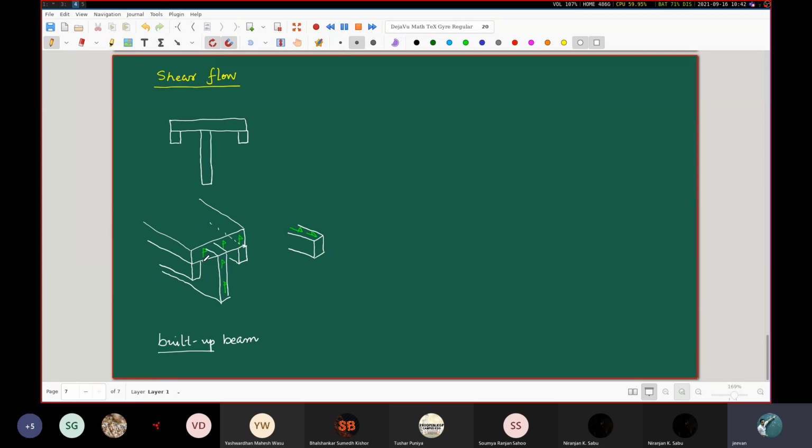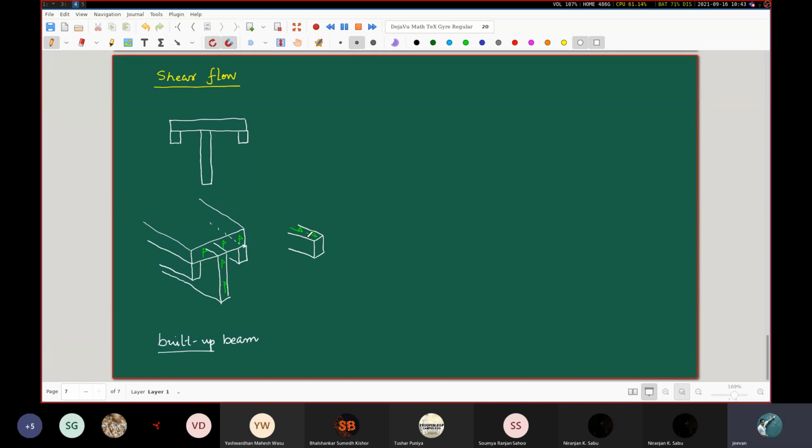What I mean by potential failure, in the simplest of terms, is that if the tau yx value increases too much, then the adhesive that is present there can come completely detached. So this part of the beam can come out completely detached if the tau yx value increases beyond a certain threshold value.